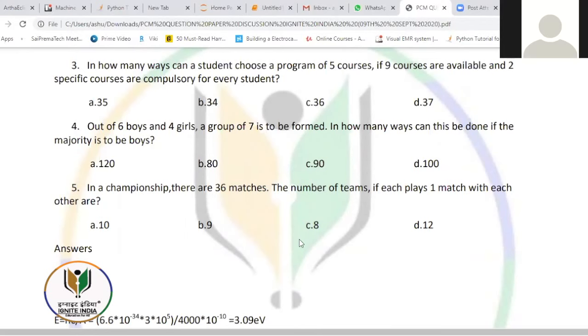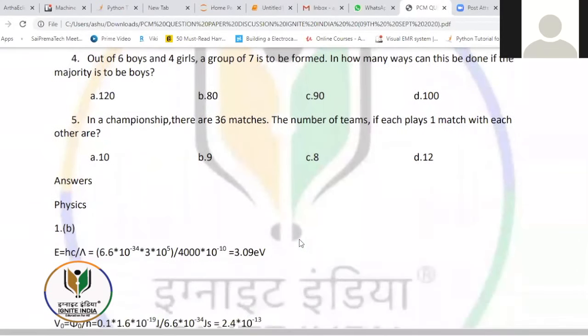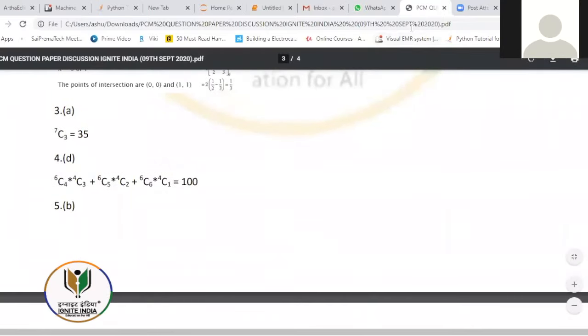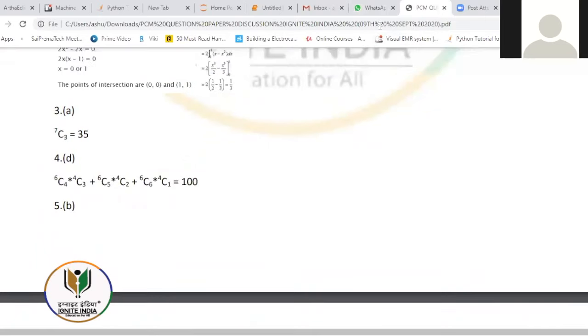So out of 6 boys and 4 girls, the minimum majority of boys will be 4 boys and 3 girls.